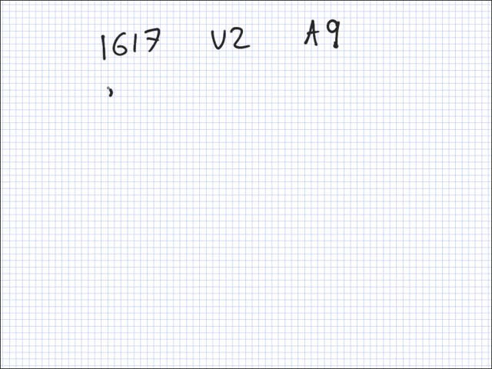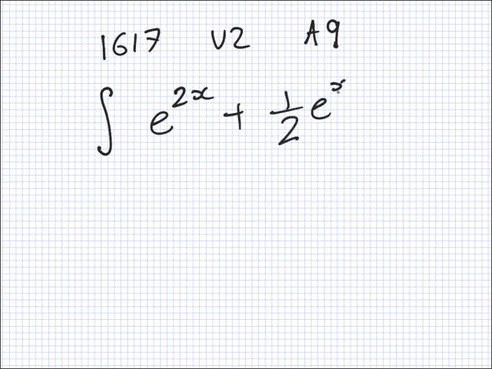What am I integrating? e power 2x plus 1 over 2 plus e power 0. Any limits? No limits here?